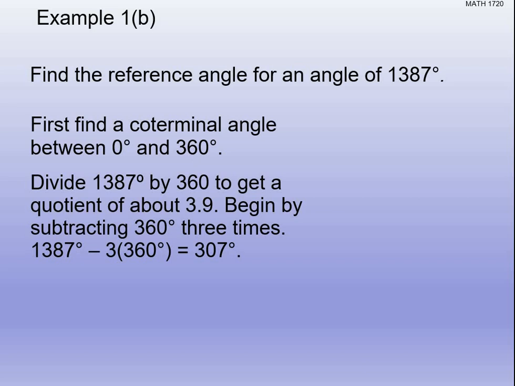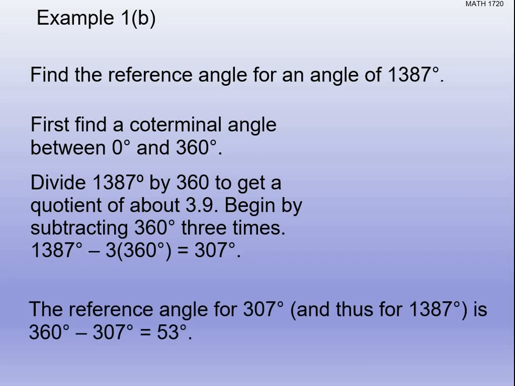Where is 307? Which quadrant is that in? That's in the 4th quadrant. So draw these out. Once you draw out where 307 is in the 4th quadrant, I know that I have to take 360 minus 307 to get the reference angle. So we know that it's 53 degrees.